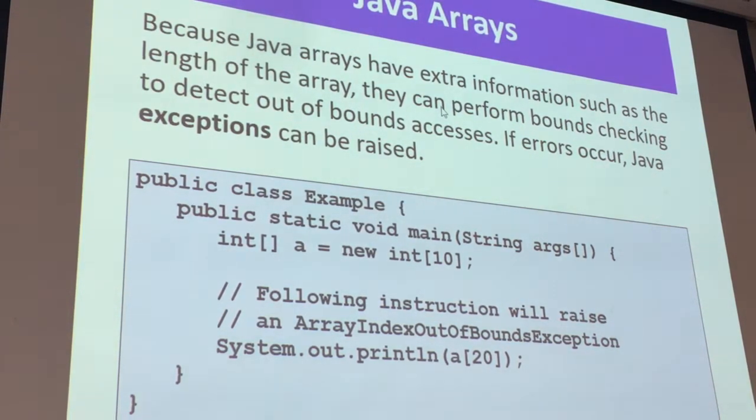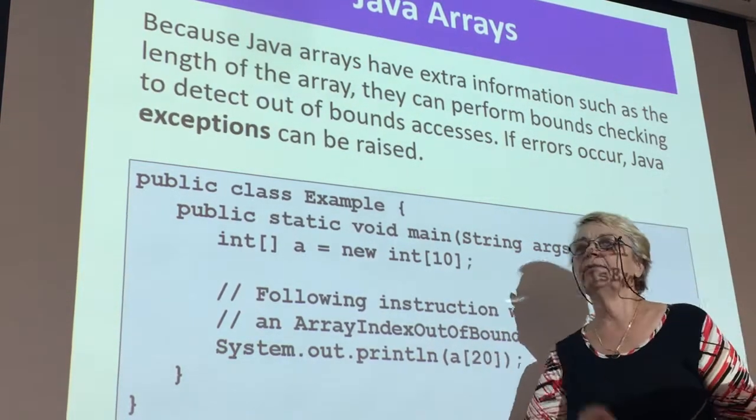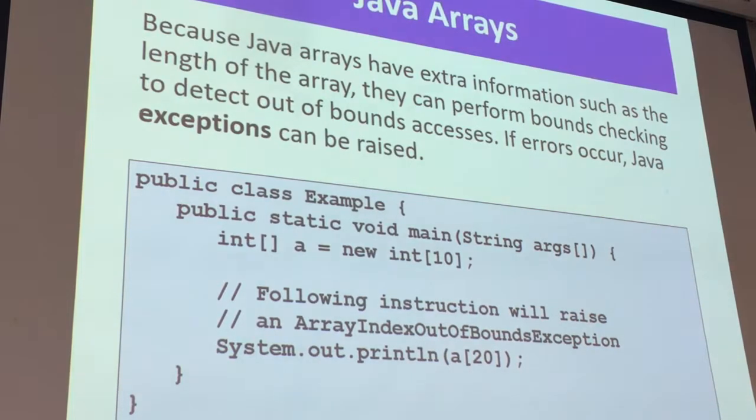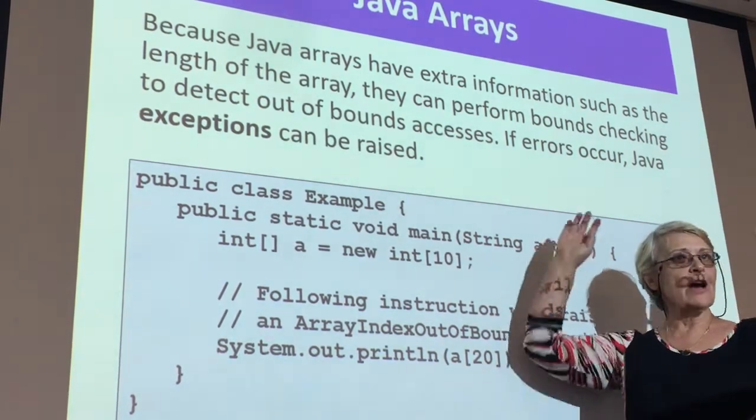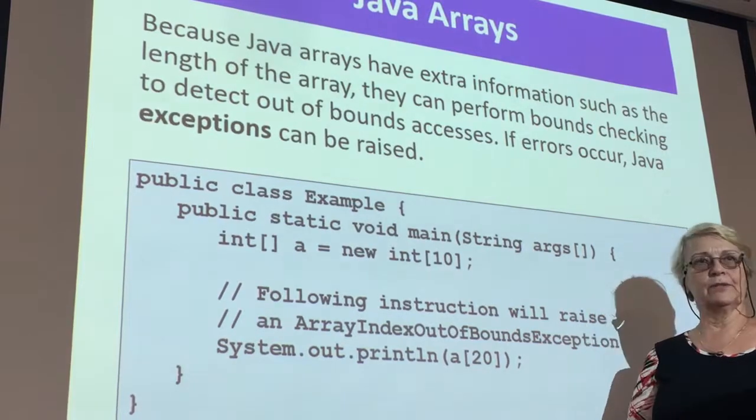Because of having this extra information coming from classes, Java is able to check that we don't have silly mistakes. And their way to let us know that things are wrong appears at runtime with exceptions.